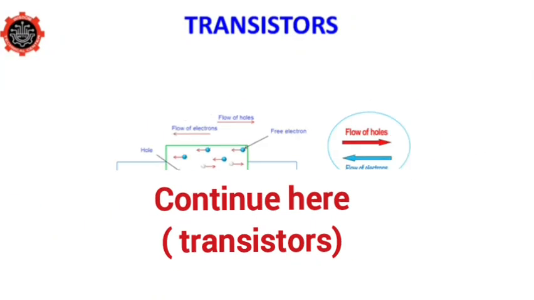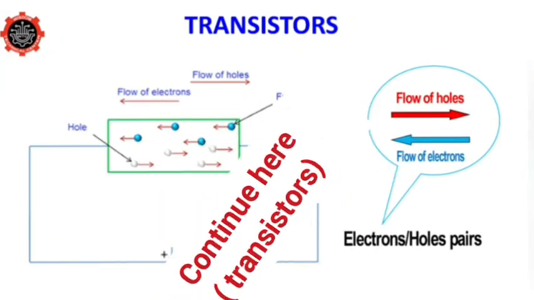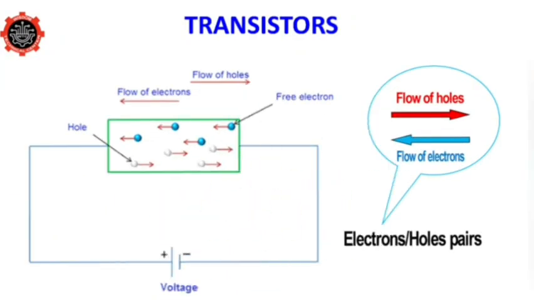Each corresponding electron and hole is referred to as an electron-hole pair. For example, if you were an electron, what would you want to do to fill a hole? And how would you want to fill this hole?